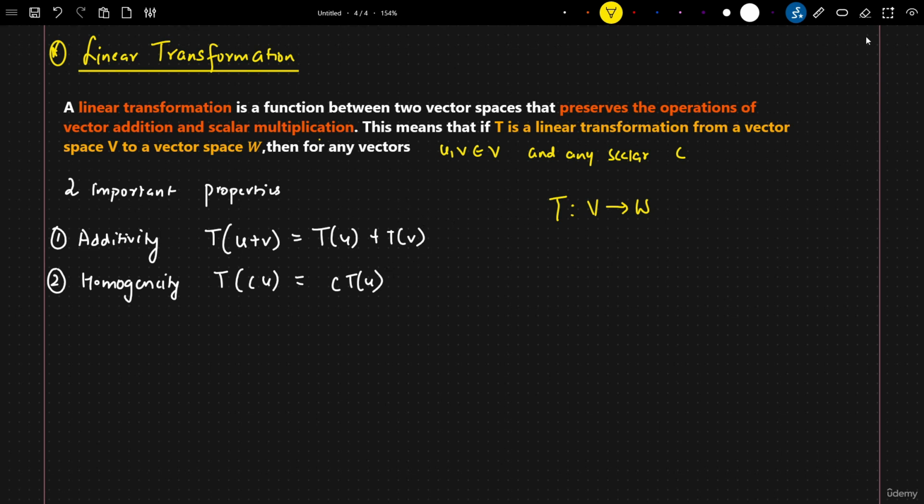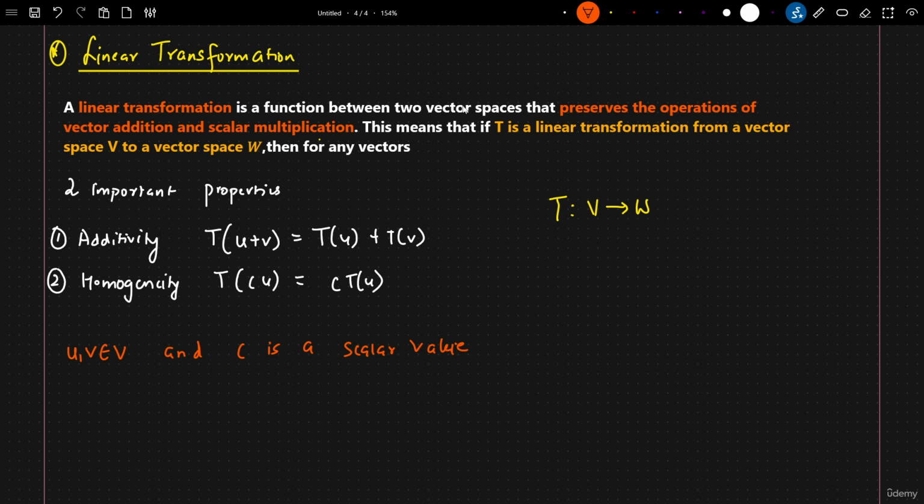So instead of writing it out, I will just say u, v belong to the vector space V and c is a scalar value.